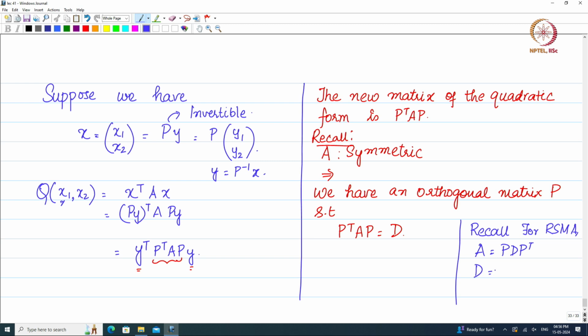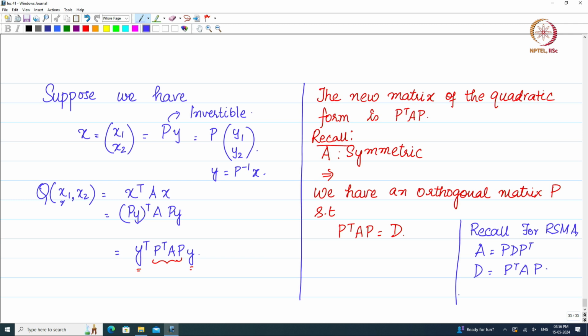What is D? D is nothing but P transpose A P. If I multiply by P transpose, I get P transpose A is equal to P transpose P D P transpose. P transpose P is the identity matrix, so I have D P transpose. Post multiplying by P, I get P transpose P, that is again the identity matrix. So, I get D is equal to P transpose A P.